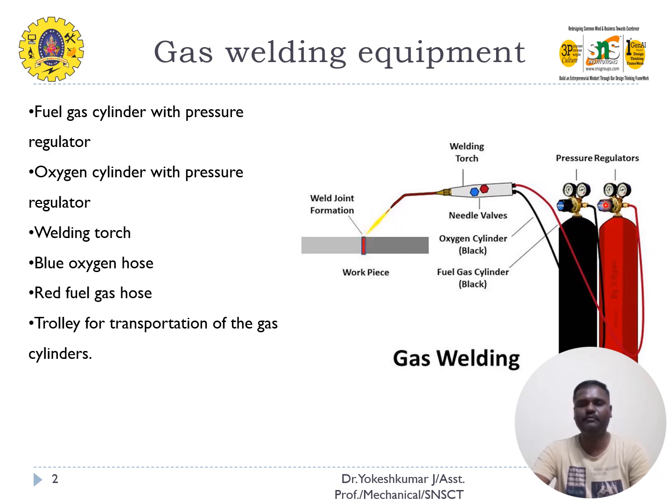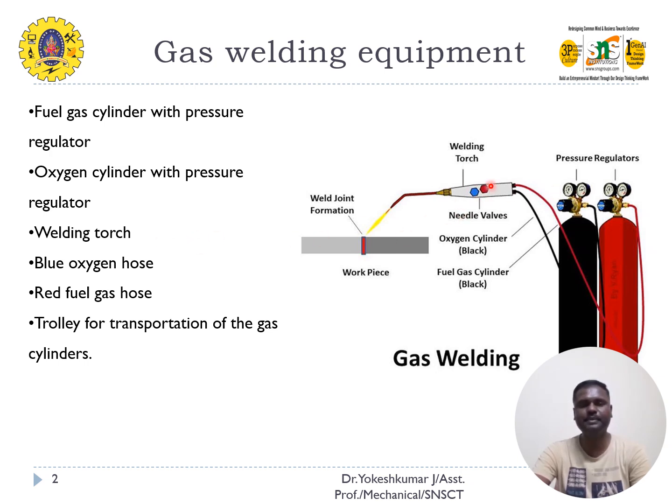So we have two parameters to control: one is pressure and another one is flow rate. Both parameters are controlled by means of the pressure regulators for both acetylene gas and oxygen.